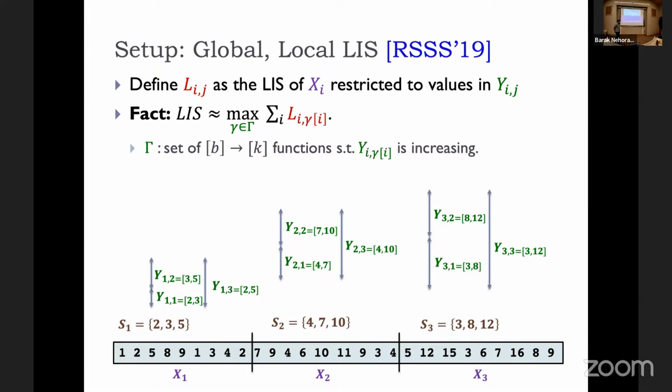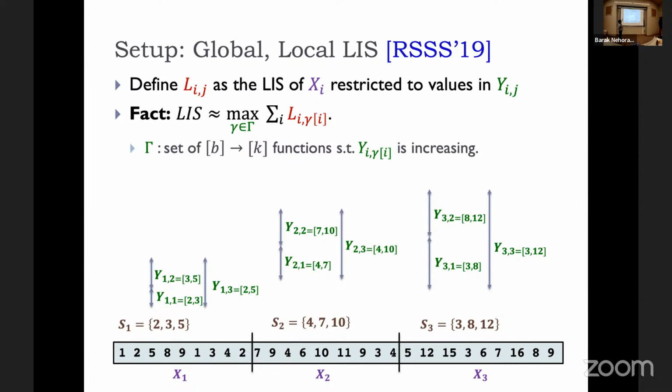Here is an important fact about why we get candidate intervals. It is not too hard to prove, but basically we can decompose the LIS of the entire sequence as follows. We consider all possible monotone functions gamma.